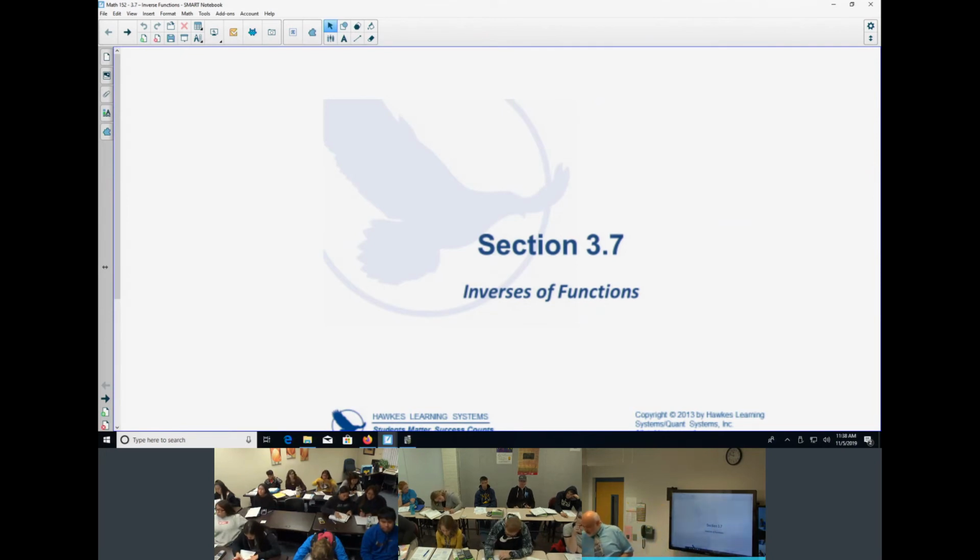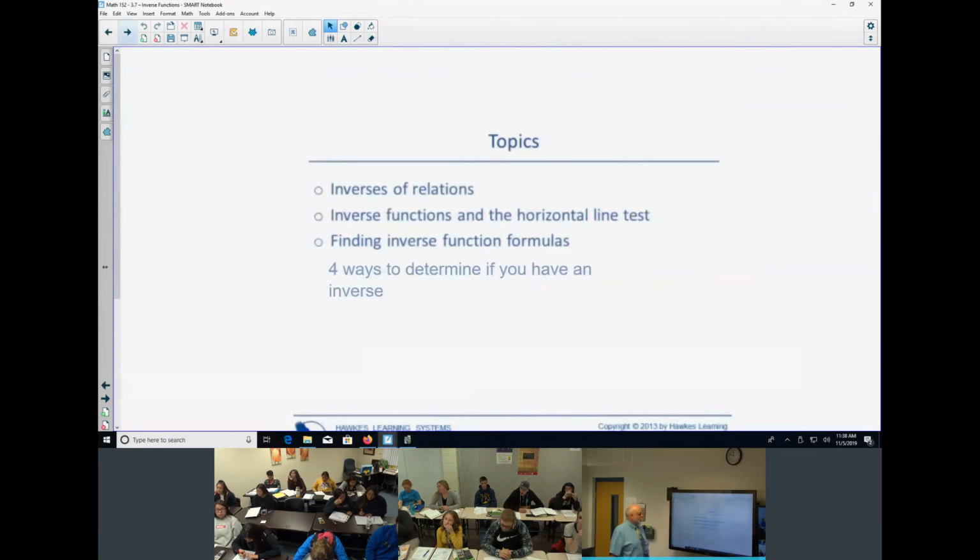We're going to talk about inverse functions now, but later in chapter 5, in a couple of weeks, this is going to be super important. But since we're talking about functions, they put it in this chapter. And this is the last section in chapter 3. So we'll probably finish this on Thursday, and probably in a couple of weeks is when we'll have the test. All right.